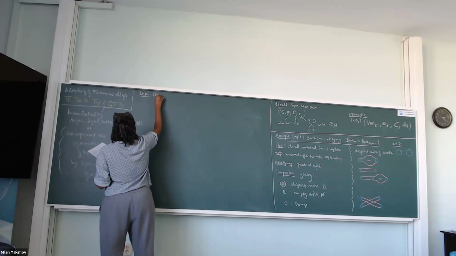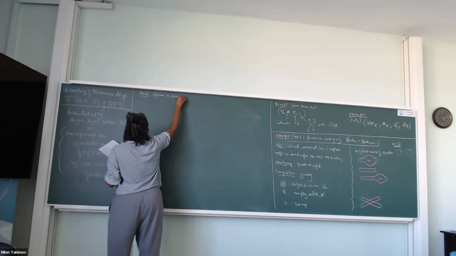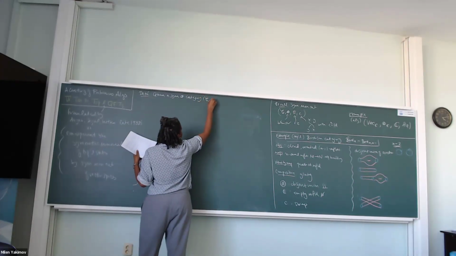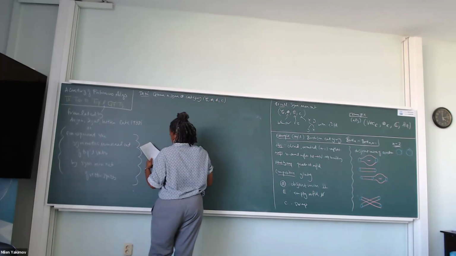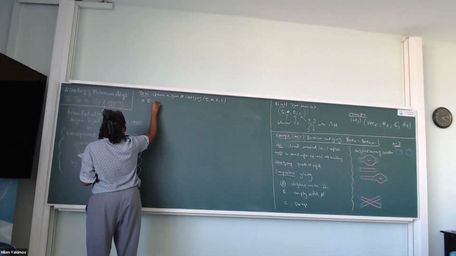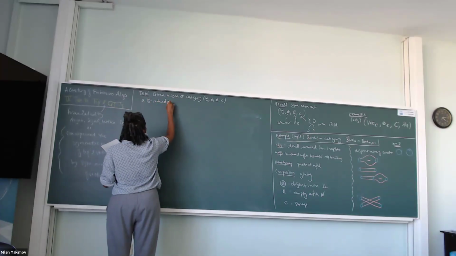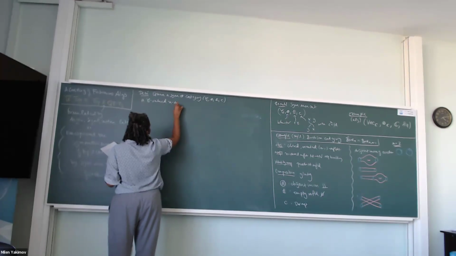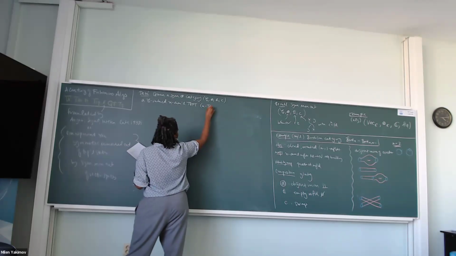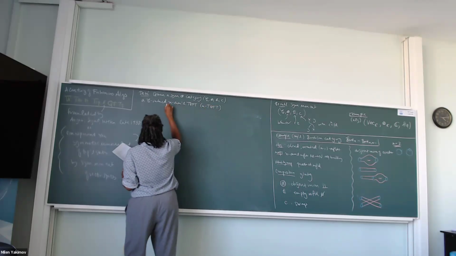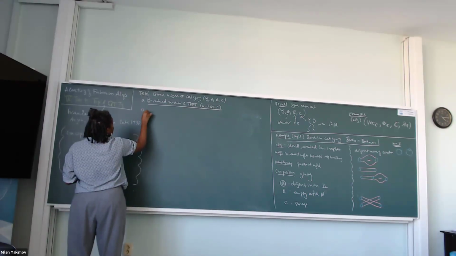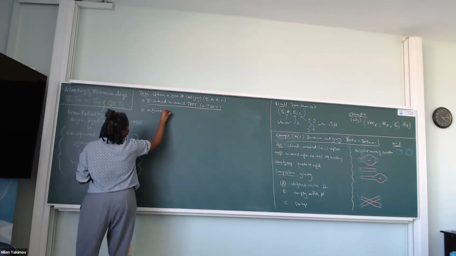If you're given a symmetric monoidal category, say C, with the tensor product and the unit, a C-valued n-dimensional TQFT, sometimes denoted n-TQFT, is going to be a symmetric monoidal functor.